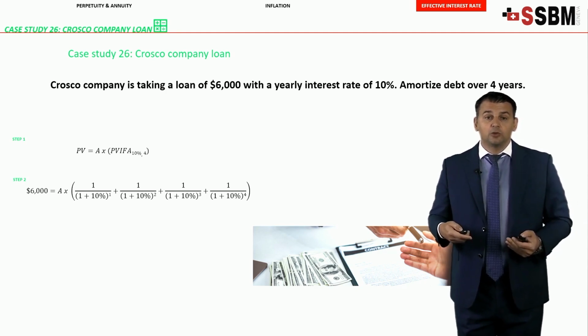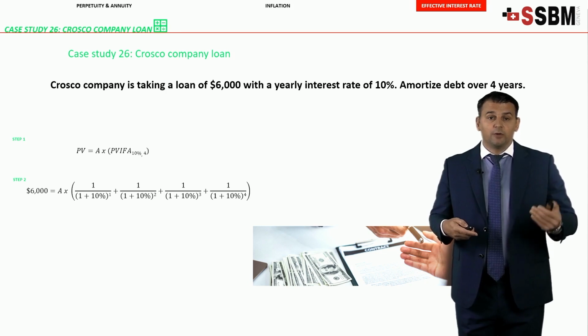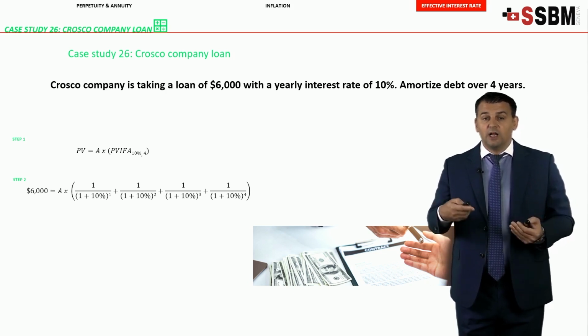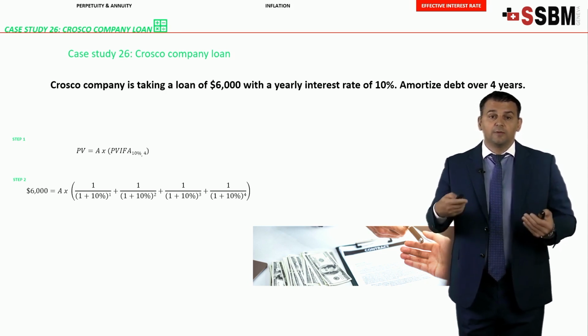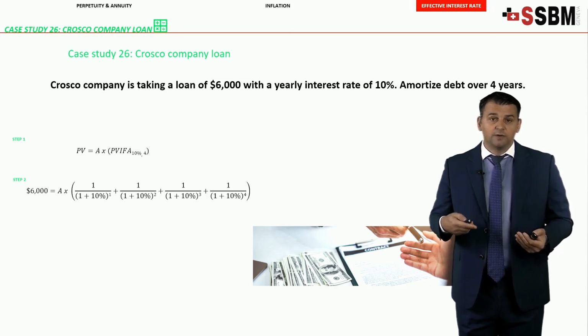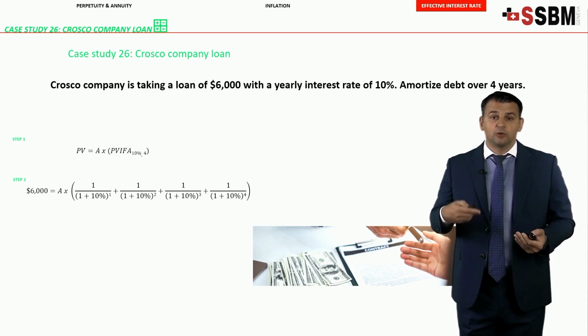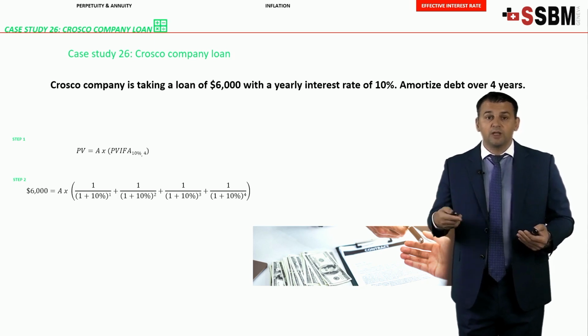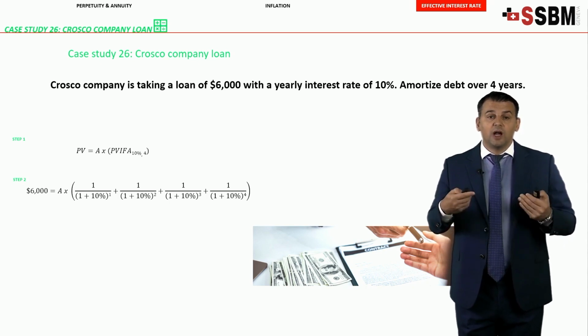It is equal to, between brackets, A for annuity times the annuity factors: 1 divided by 1 plus 10% to the power of 1 for the first year, for the second year 1 plus 10% to the power of 2, to the power of 3, and to the power of 4. For every year, you discount your annuities.